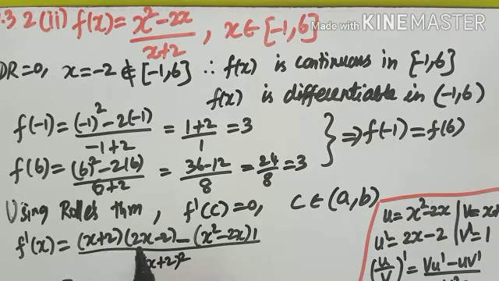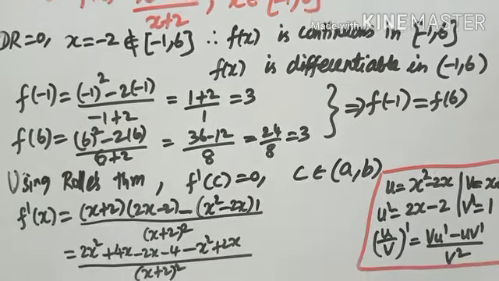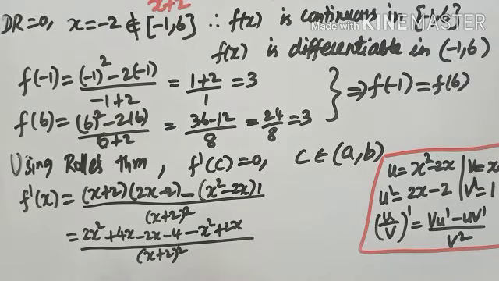Simplifying this, as I multiply 2x into x, 2x into 2, minus 2 into x, minus 2 into 2, minus x square plus 2x, whole thing divided by x plus 2 the whole square. As we expand this, 2x square minus x square is x square, plus 2x minus 2x cancels, plus 4x minus 4, divided by x plus 2 the whole square.